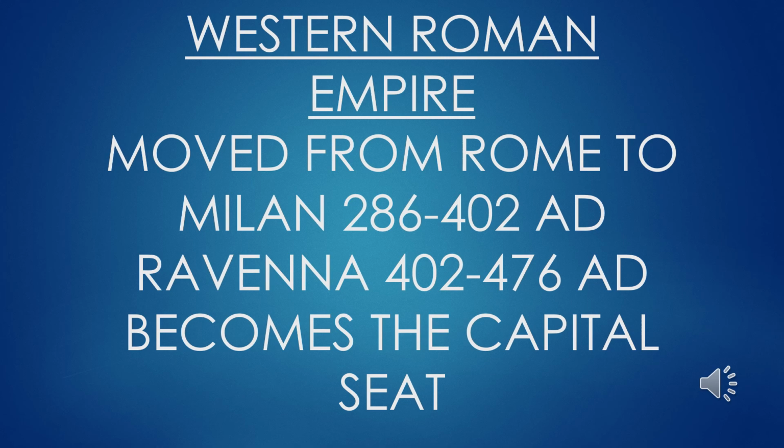And then also Germanic invaders such as the Goths and the Vandals coming down and actually taking over parts of the Roman Empire in the West as well. So we'll see how this will affect the designs coming up. But just to give you some context of why they were moving the capital from place to place at this time of the Western Roman Empire.